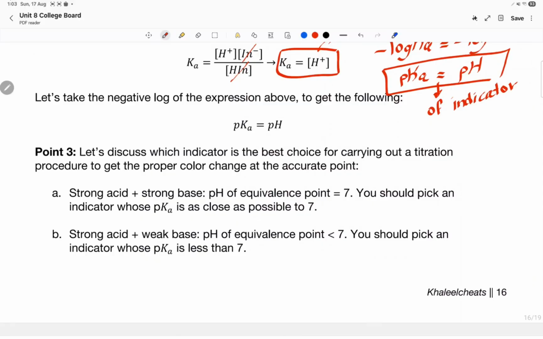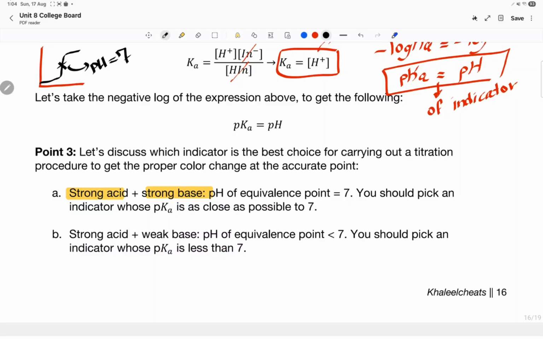So how do you know what to pick when it comes to the indicator? Because it has to change its color at a very certain pH. For example, if you're dealing with a strong acid and a strong base, the pH at the equivalence point, we call it. So look, what's an equivalence point? You draw this curve here. That's the equivalence point, the midpoint of the semi-vertical line. It's happening at the pH of 7 if you're mixing a strong acid with a strong base.